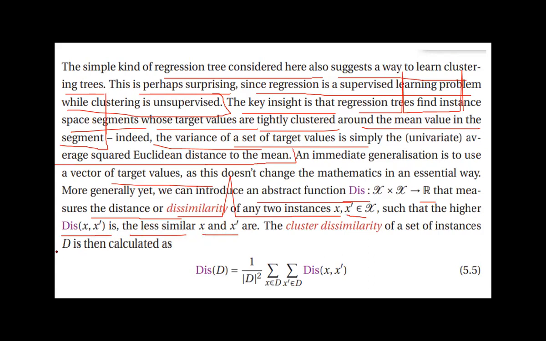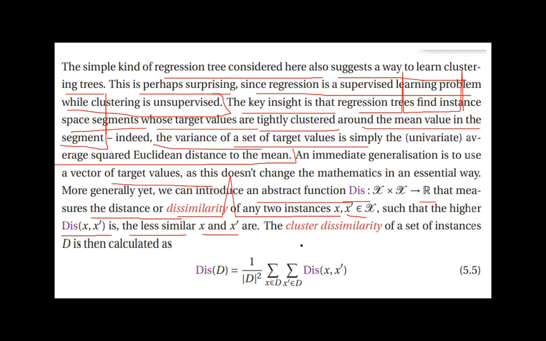The higher the distance, the less similar x and x dash are. If the distance is high, we can say x and x dash are almost not similar.